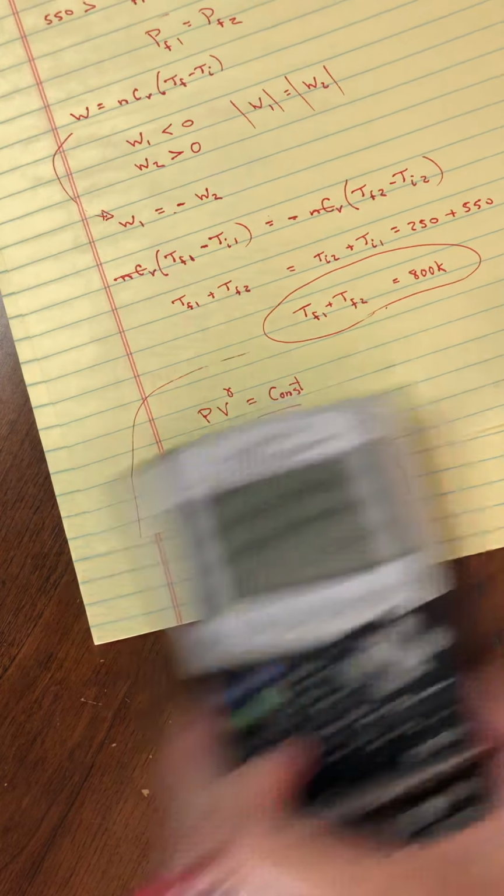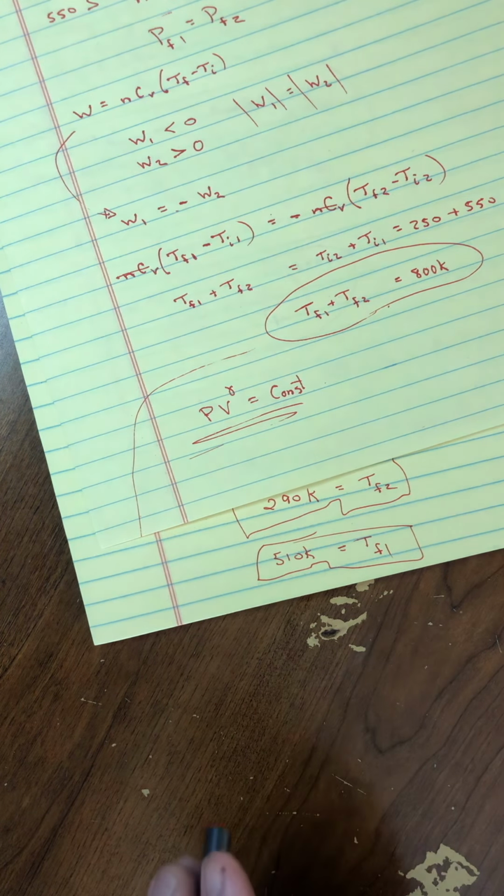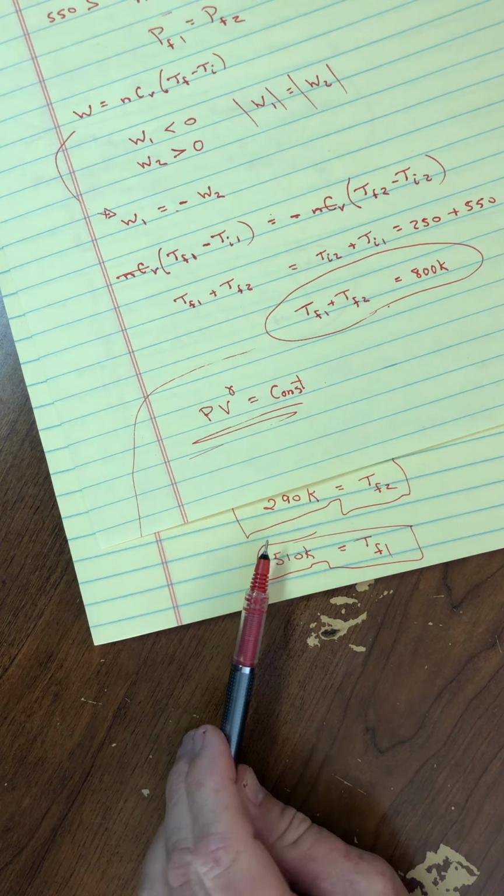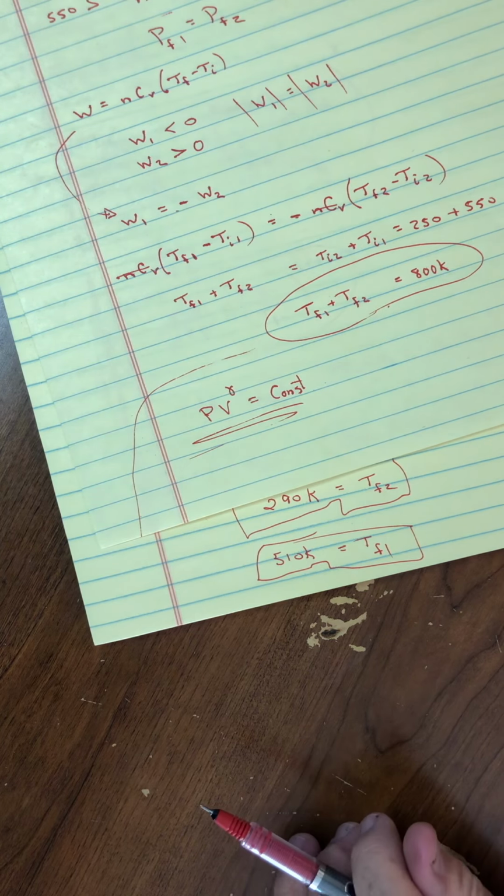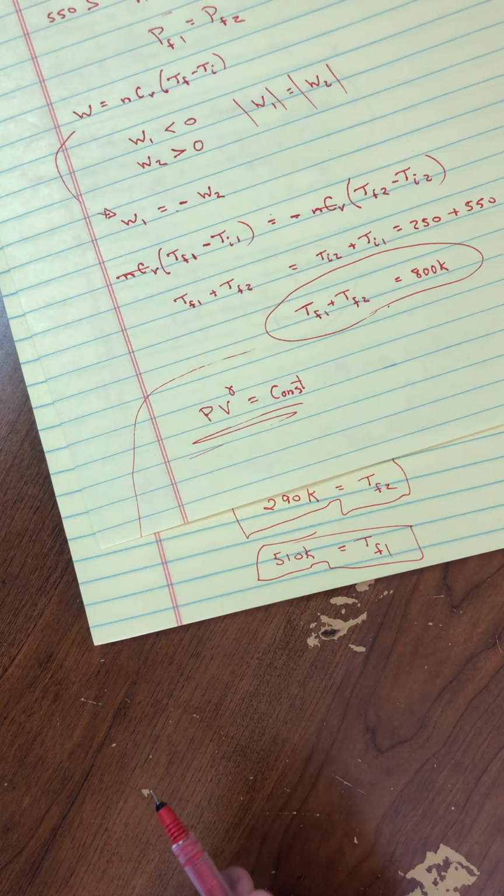So again, when you add them, you get your 800 exactly. Yeah. And so that should be the 2 temperatures. So, yay, hope that worked well.